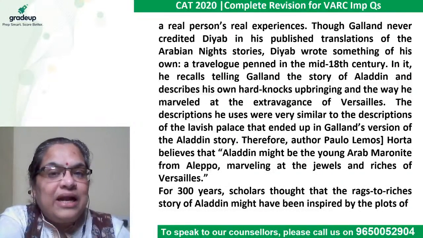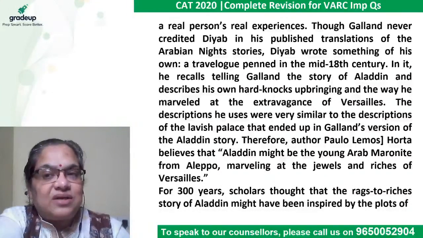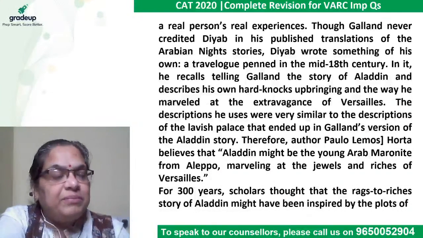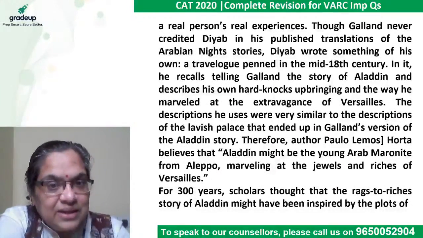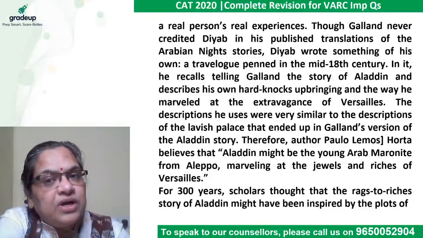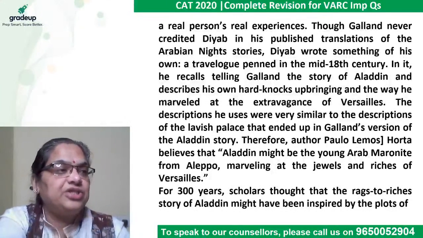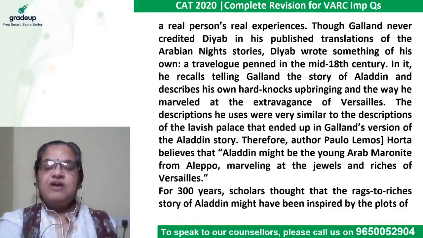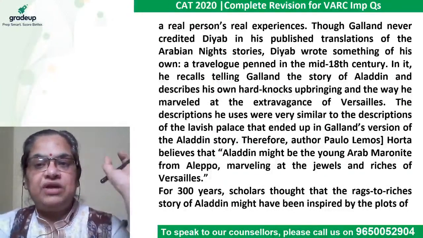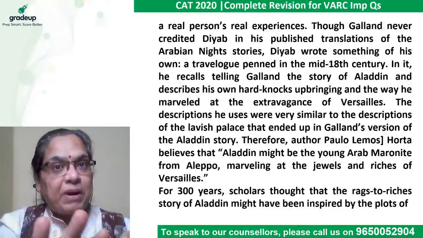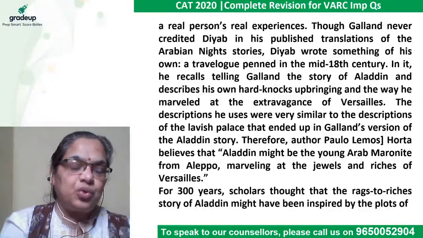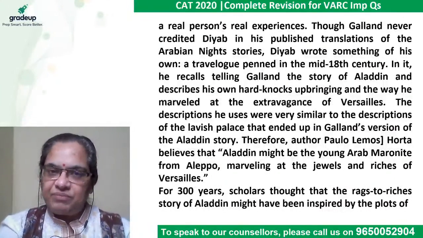Galland did not credit Diab in his published translations of the Arabian Nights stories, but Diab himself wrote a travelogue in the mid-18th century. So Galland has his diary where he said, I heard this story from Diab, but in his published books, he never gave credit to Diab for the story.